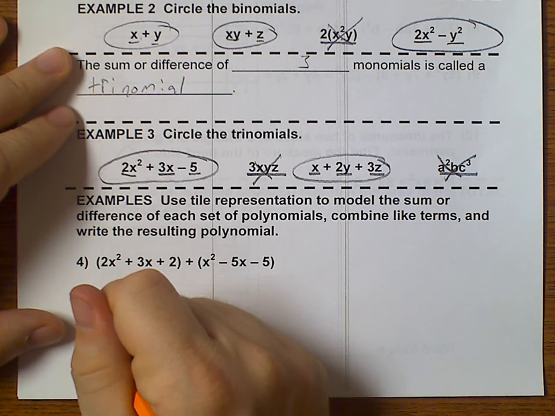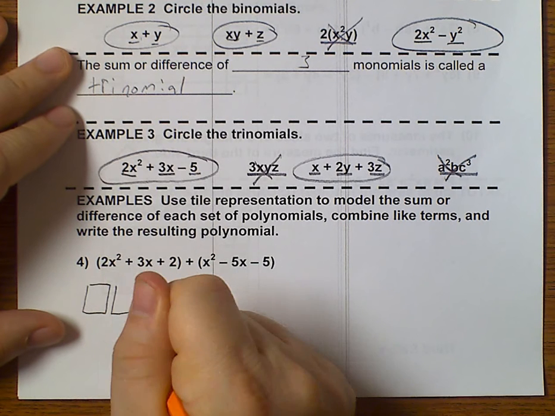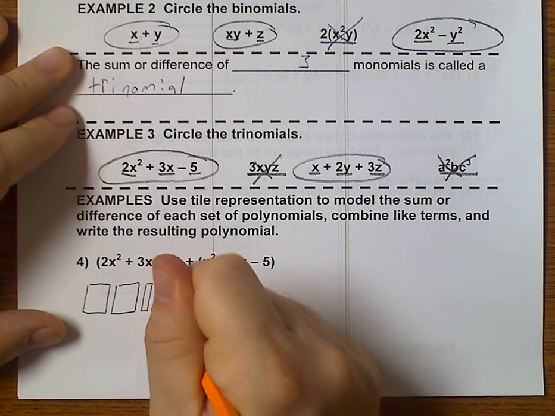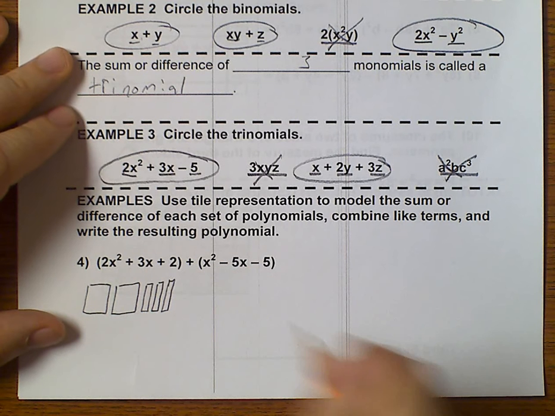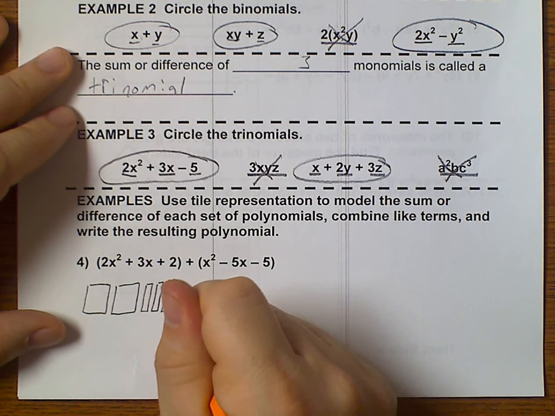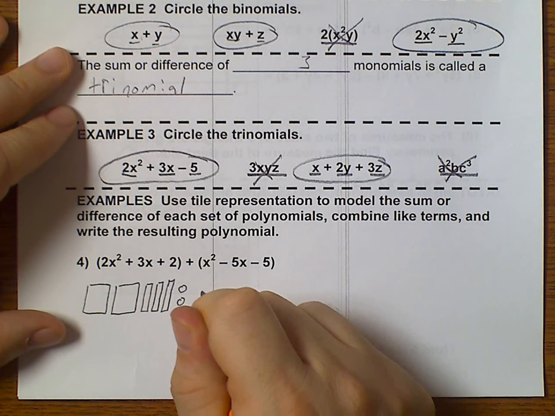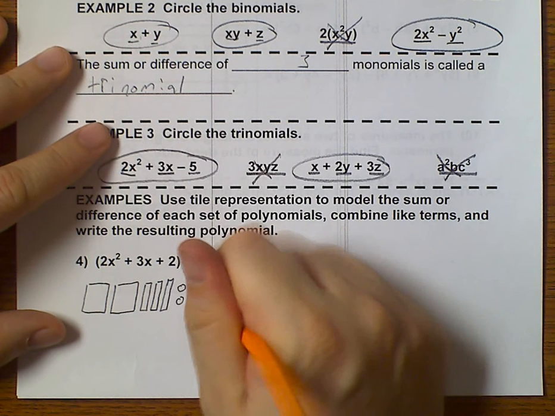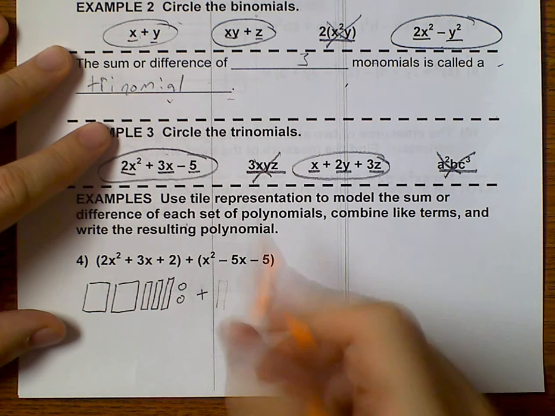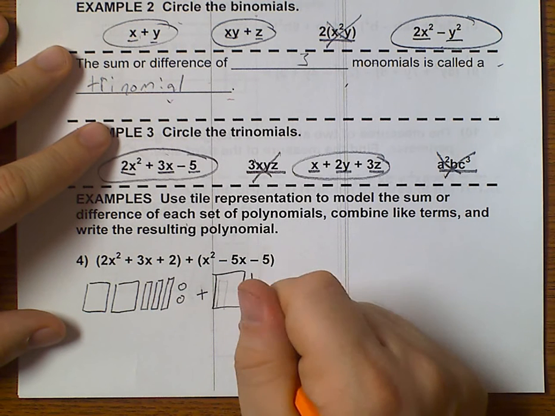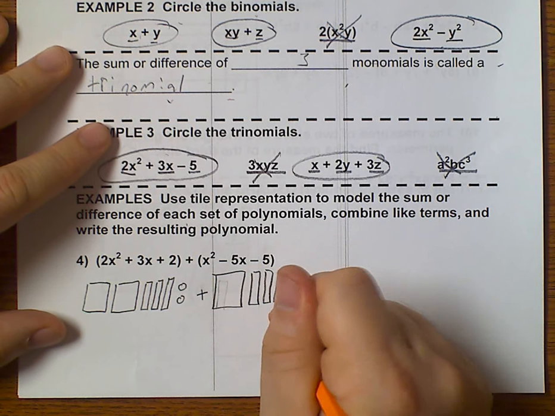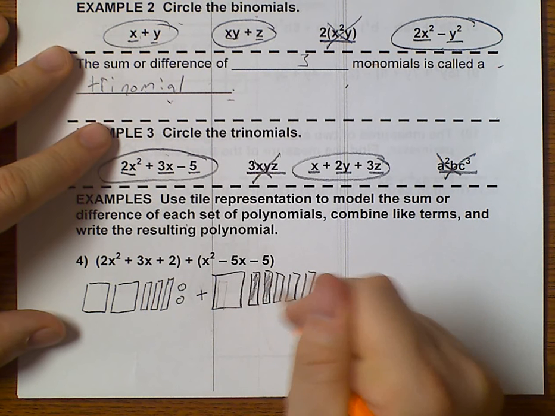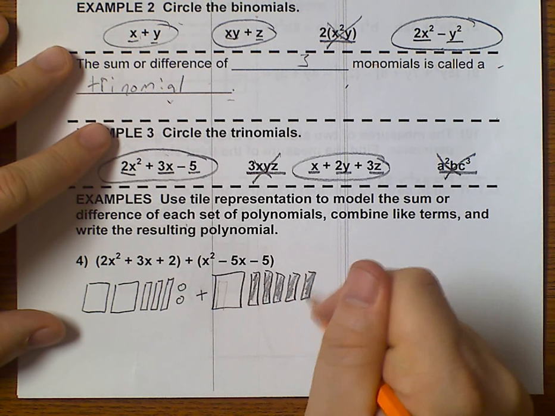So this is 2x squared plus 3x plus 2 plus, I'm drawing an x, I need an x squared, minus 5x, which I'm going to shade these in to say, hey, these are negatives, minus 5.